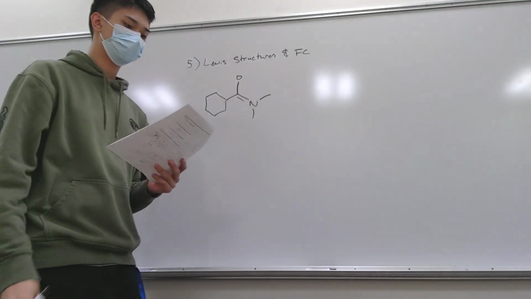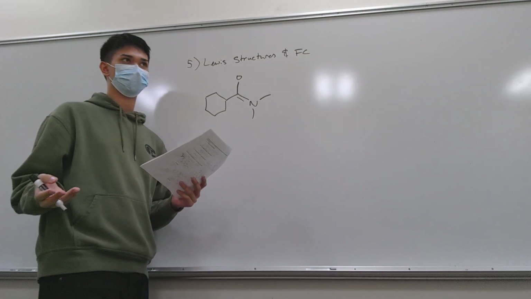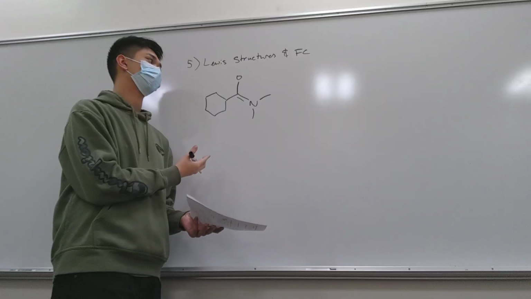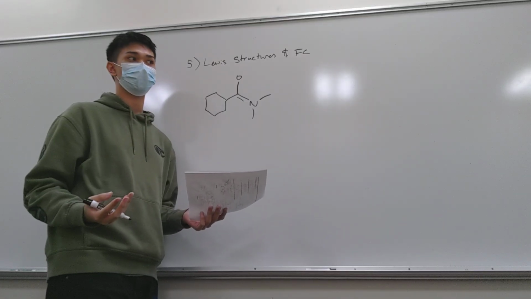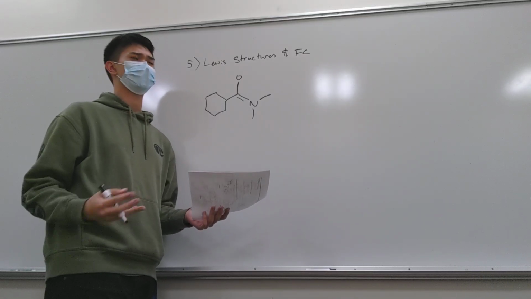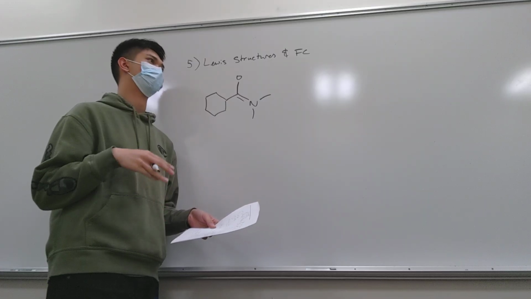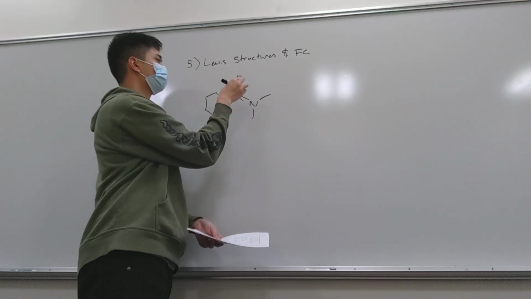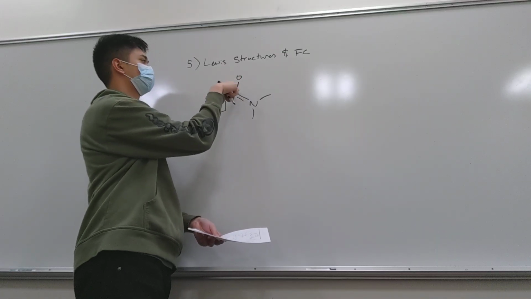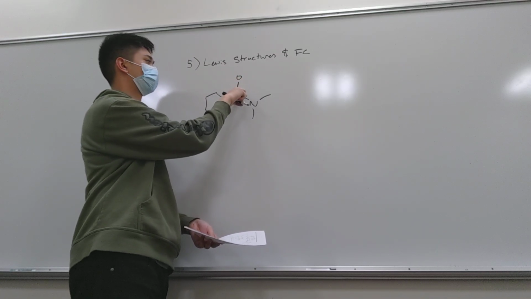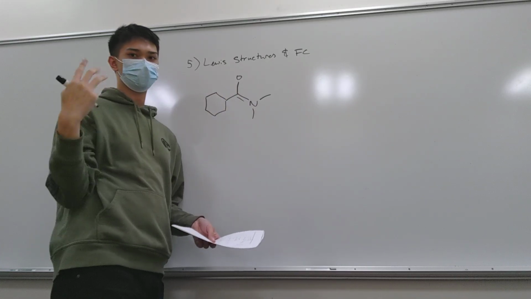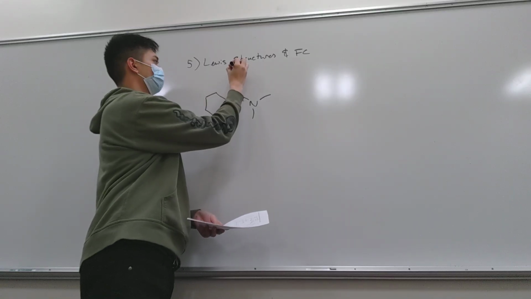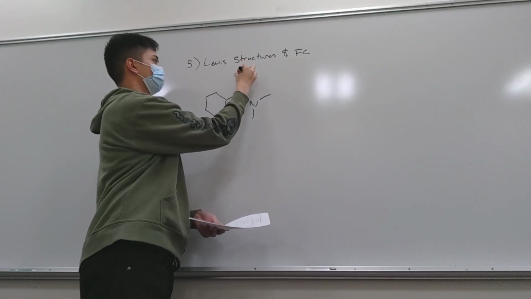Lewis structures are what you've seen in general chemistry: line bond drawings that include the lines and dots. The dots represent lone pairs, lone pair electrons. Since this oxygen only has one bond connected to this carbon, it needs 3 other lone pairs to have its octet. 1, 2, 3.